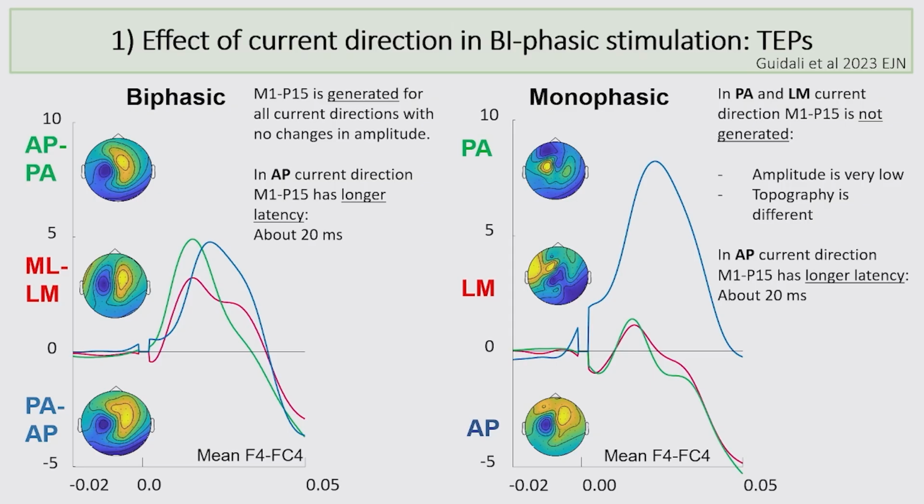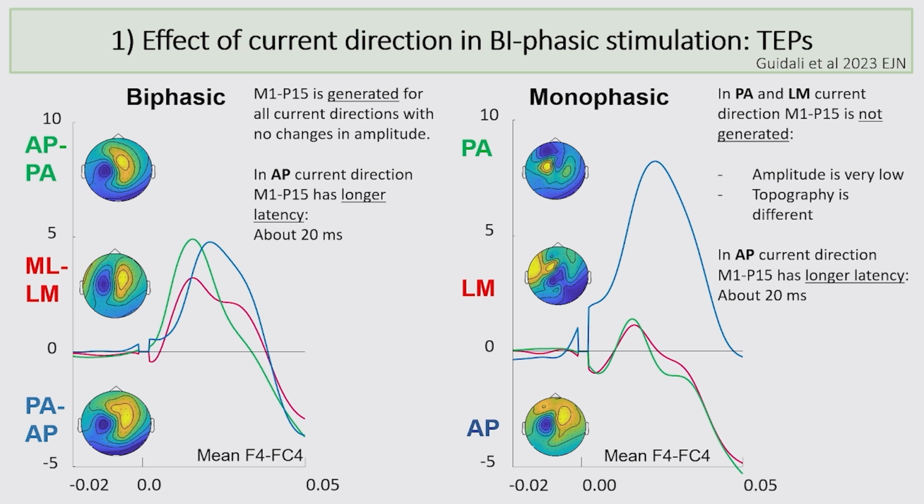When we looked more specifically at the M1P15, we found that it was generated in all conditions of biphasic stimulation, with no changes in amplitude but with a change in latency, so that the latency of the P15 is longer, and it occurs around 20 milliseconds if we use the PA-AP current direction.